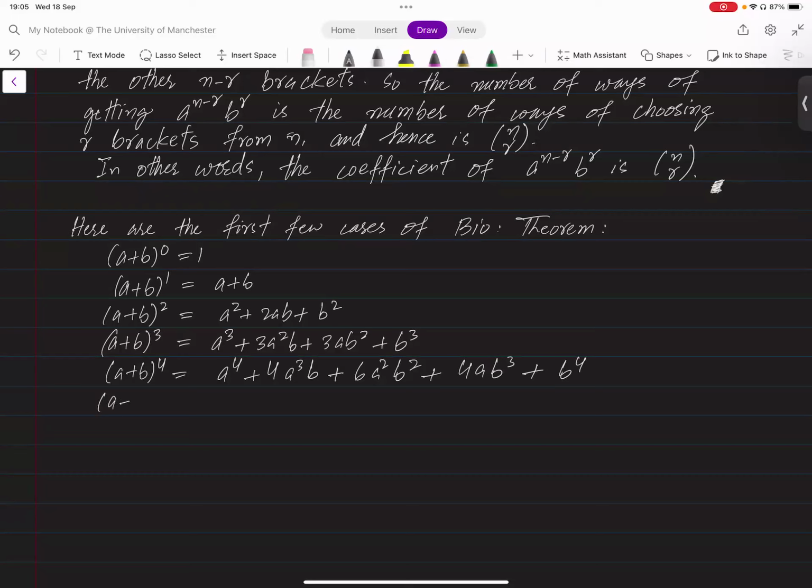The last one, (a plus b) power 5, is a power 5 plus 5 a power 4 b plus 10 a cube b square plus 10 a square b cube plus 5a b power 4 plus b power 5.